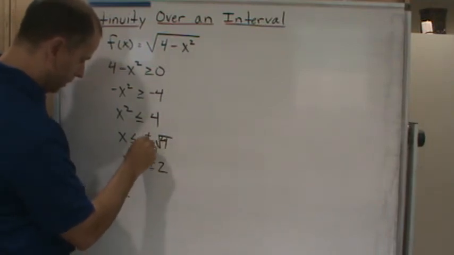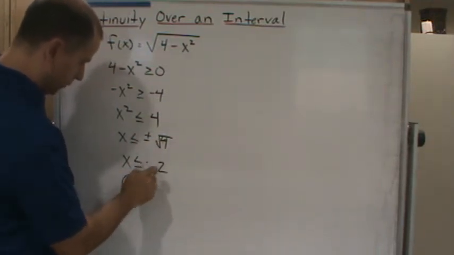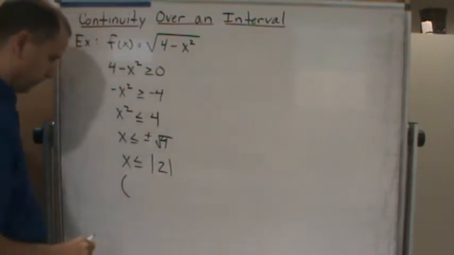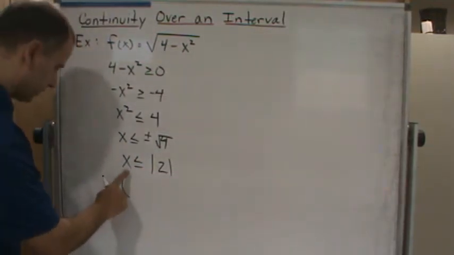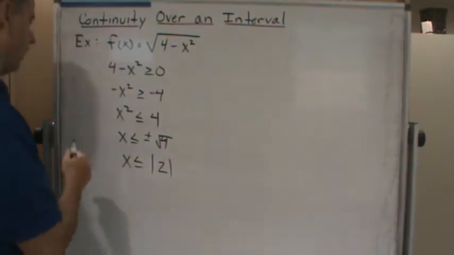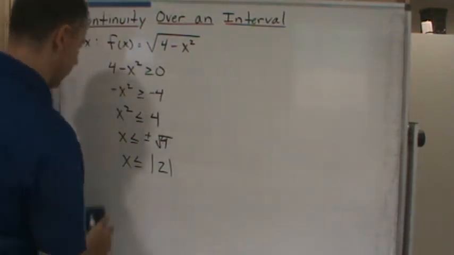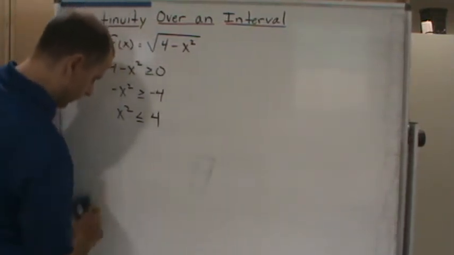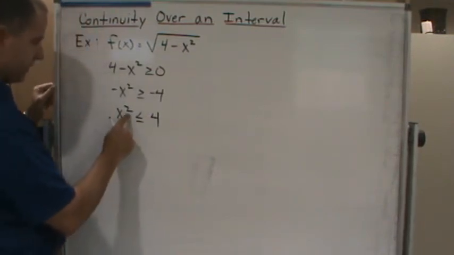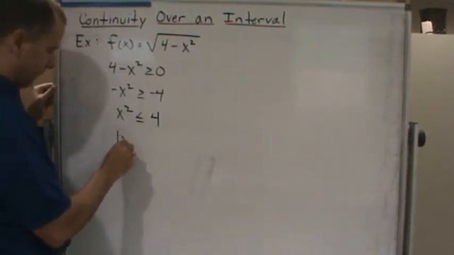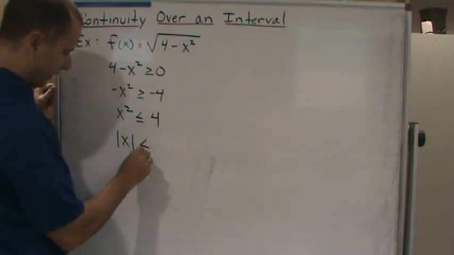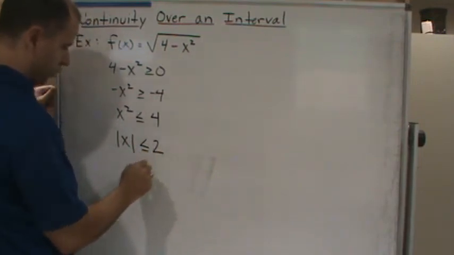Oh, hold on. No, let's do it this way. Sorry, I want the absolute value. The easier way to say it is, since this is a square, I can say that the absolute value of x is going to be less than 2.